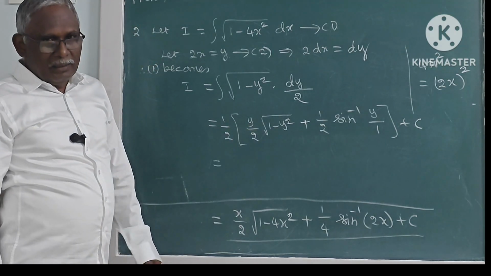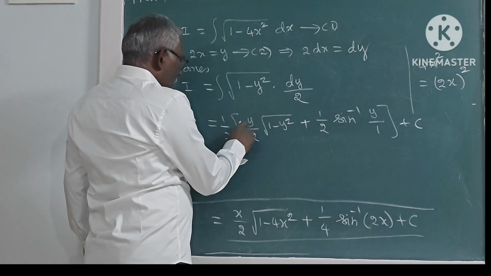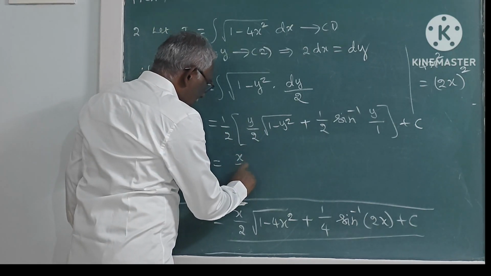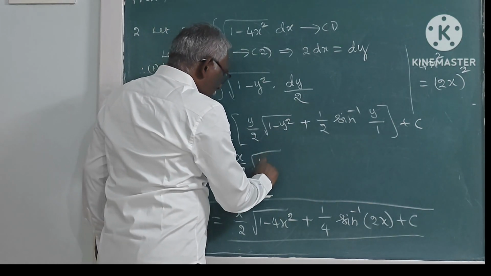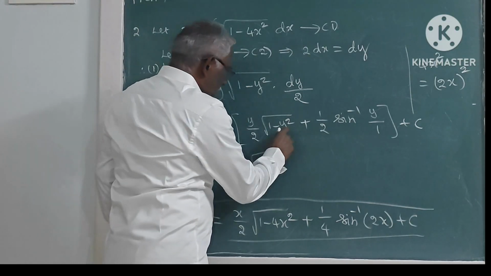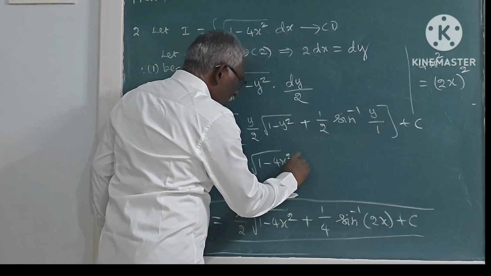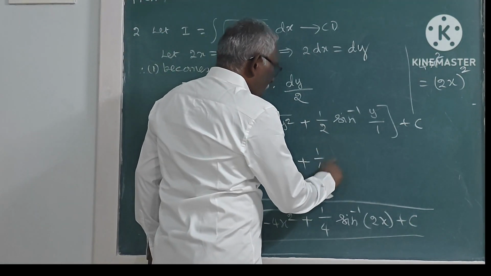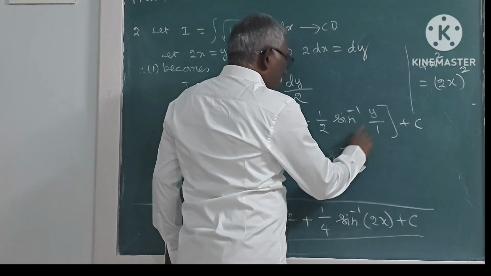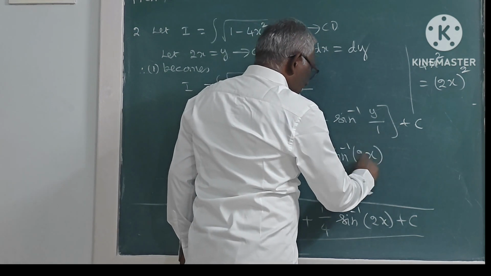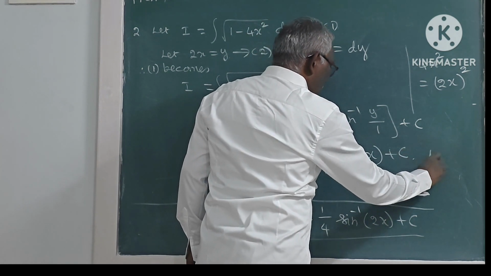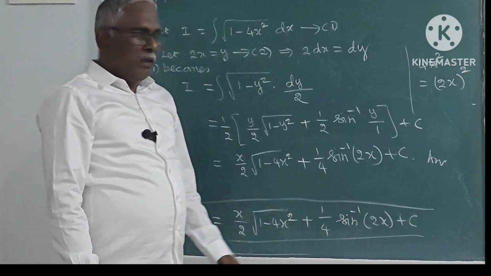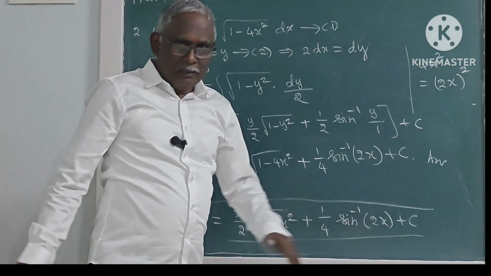So wherever y is there, we put 2x. So 2x by 4, that is x by 2, square root of 1 minus 4x square, plus half into half is 1 by 4 sine inverse of 2x plus constant. So you can do either this method or that method.